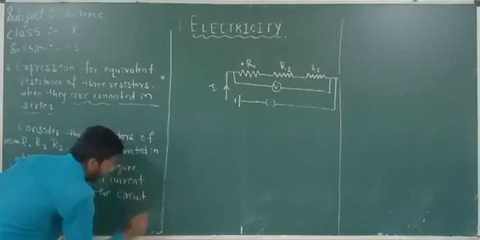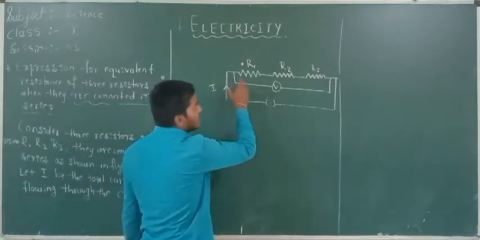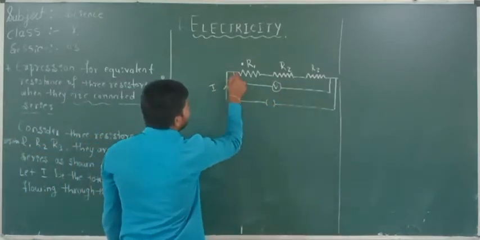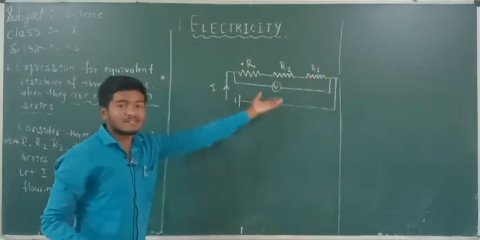I represents the total current, and the connection of series resistors is end-to-end connection. End-to-end connection is nothing but series connection.